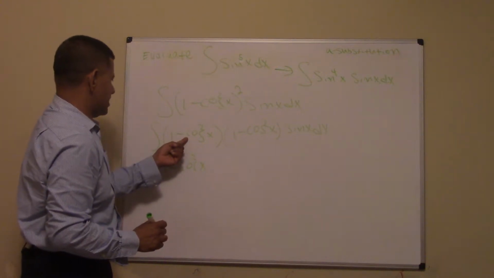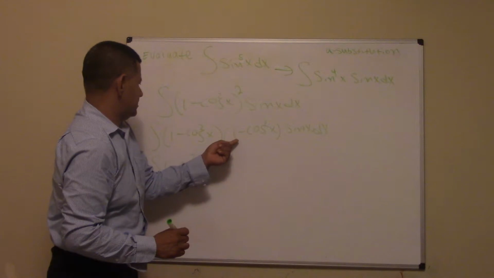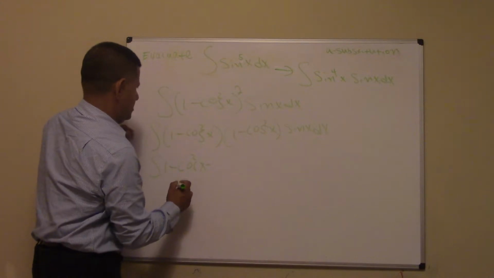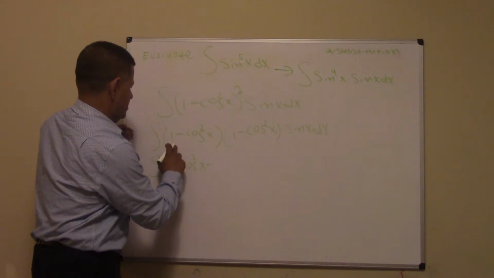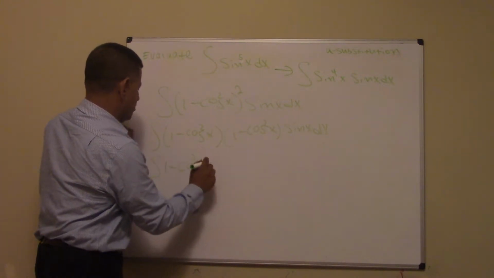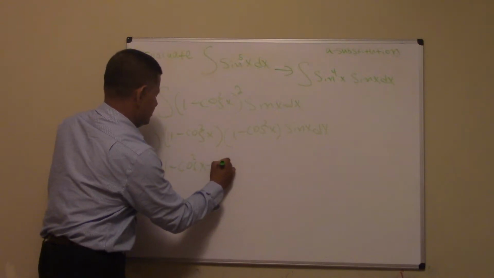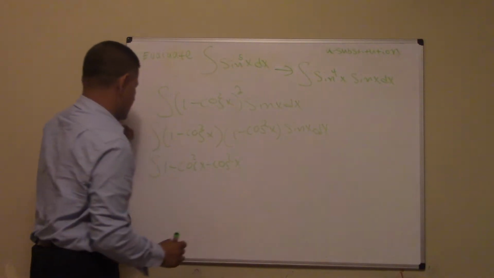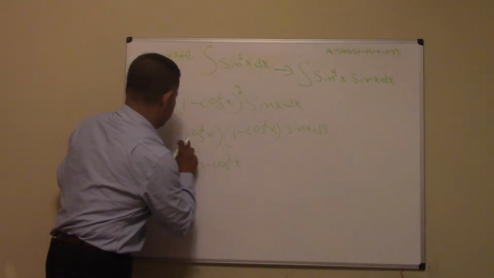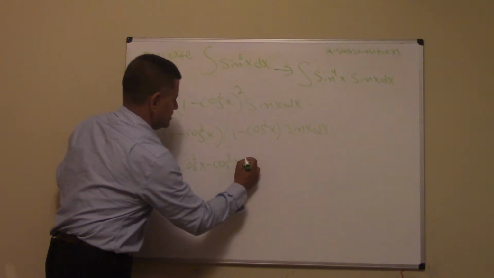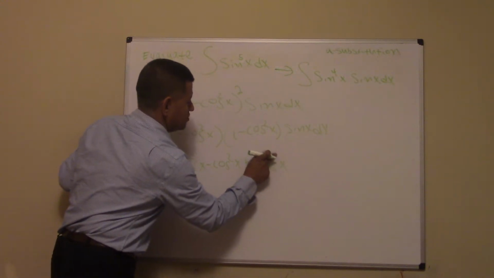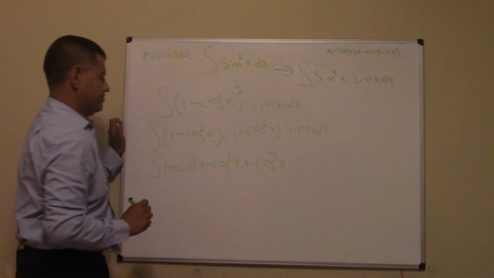This negative cosine square x times this is negative cosine square x, and then negative cosine square x times negative cosine square x is equal to plus cosine square x, actually cosine to the fourth, okay?